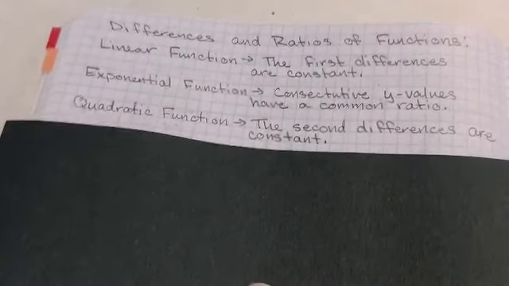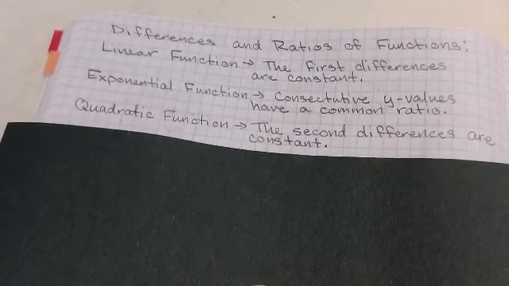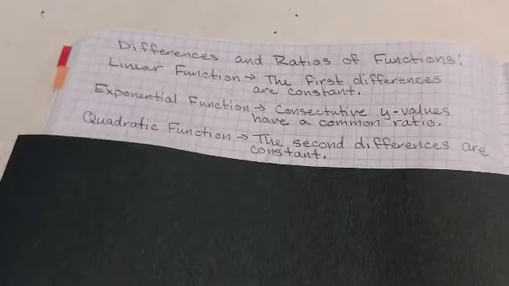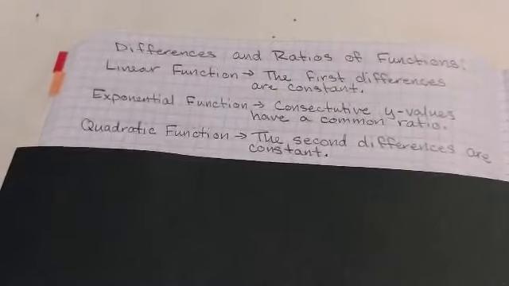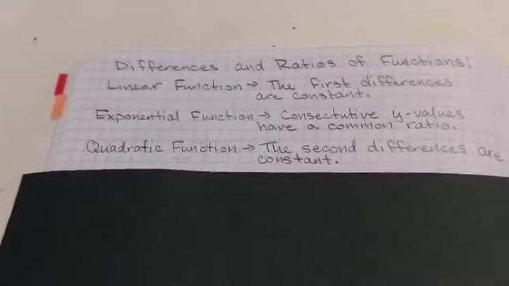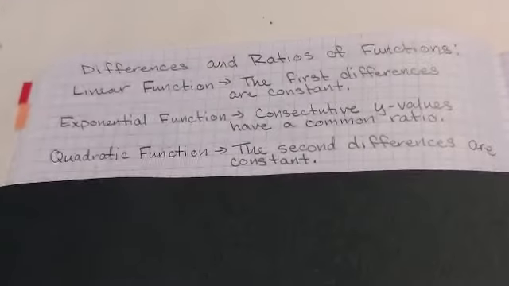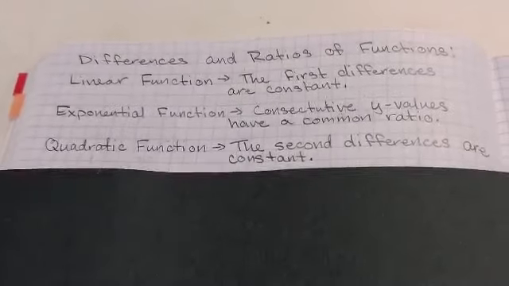Now we're going to look at some tables and talk about how you figure out whether it's linear, exponential, or quadratic. And then after you decide which one it is, how do you write your equation in standard form that goes with that particular table.